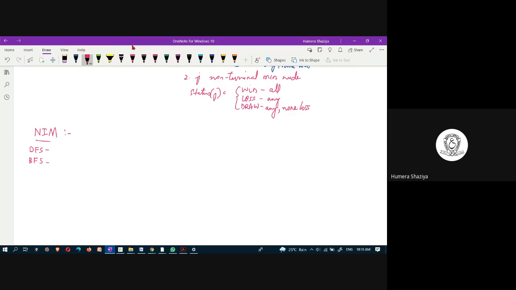Based on the operation of the tree, please tell me which one is more suitable. Please try, students. Just try to recall the working of DFS and BFS.